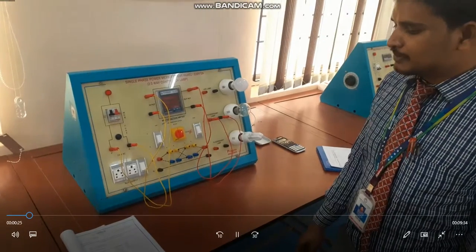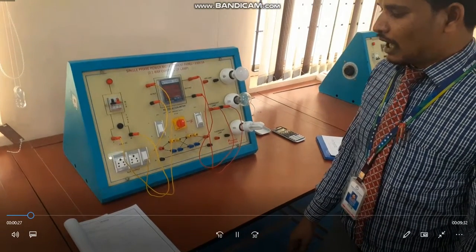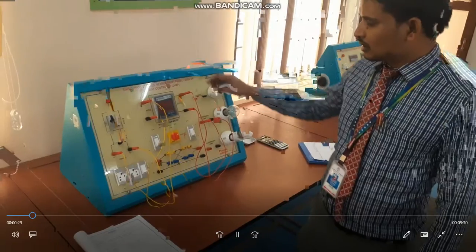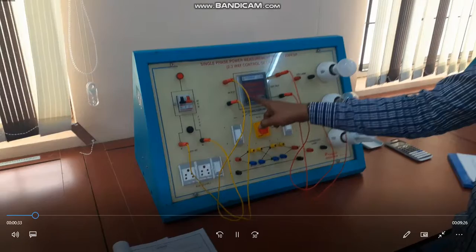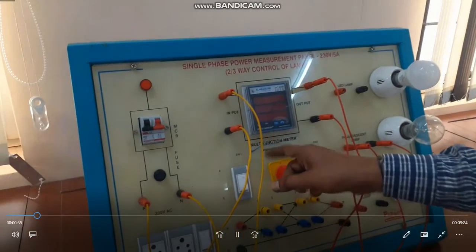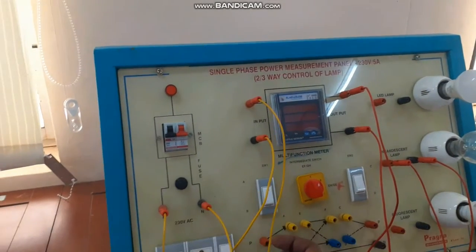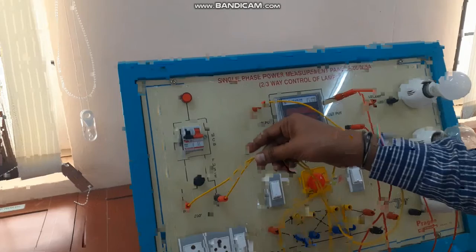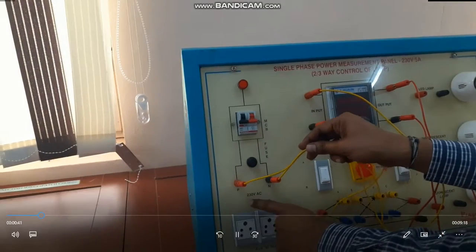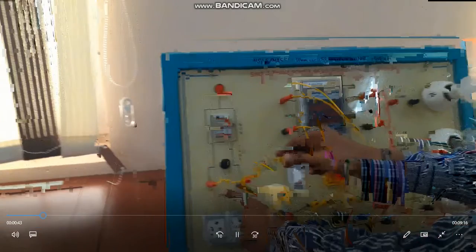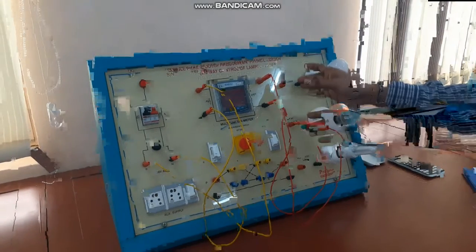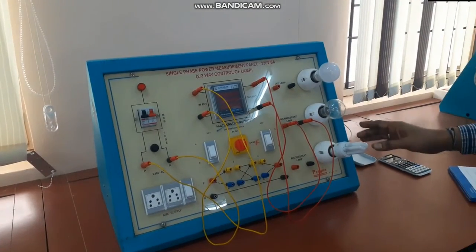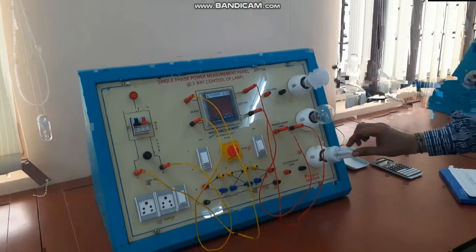To conduct this experiment, the following apparatus are used: a multifunction meter which reads voltage, current and phase angle, and the supply voltage. Here it is a single phase AC supply voltage of 230 volts, with phase and neutral at 50 Hz frequency, and the output we are going to give to 3 lamps.